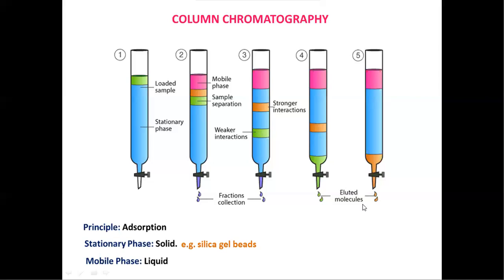Sometimes we are taking hydrophilic solvents, sometimes hydrophobic solvents. It depends upon the nature of the sample and the nature of the stationary phase that we are taking. Sometimes we are using a polar stationary phase, sometimes a non-polar stationary phase. But here, mostly we are taking silica gel beads as the stationary phase.